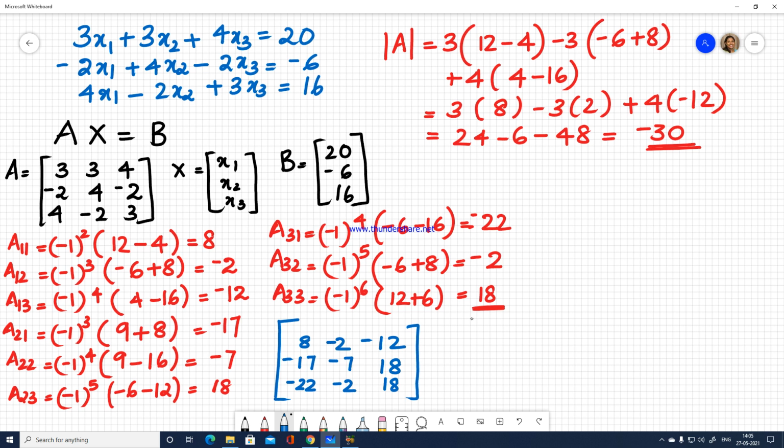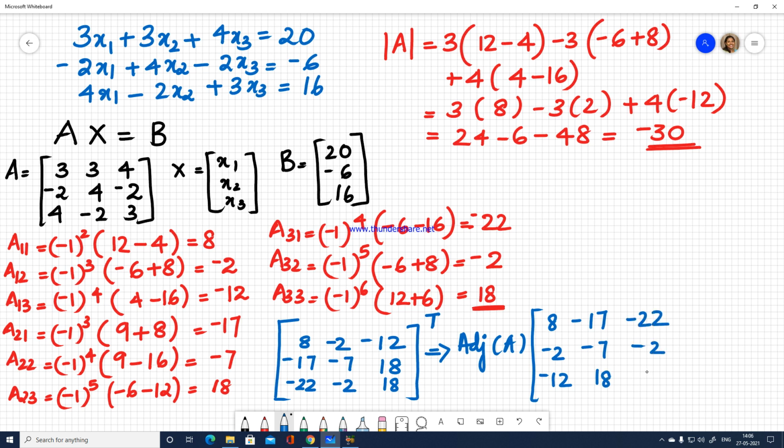Now we need to transpose this cofactor matrix in order to get the adjoint of A. So we get the adjoint of A as 8, minus 17, minus 22; minus 2, minus 7, minus 2; minus 12, 18, 18. So this is what the adjoint is. Okay, now we got the adjoint of the matrix.